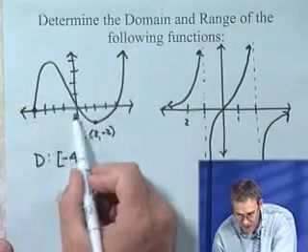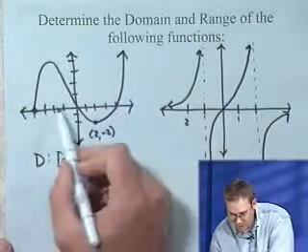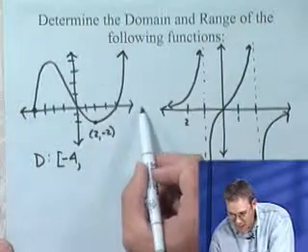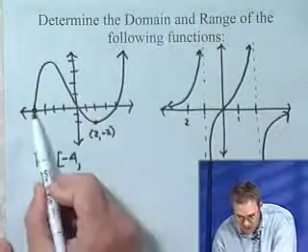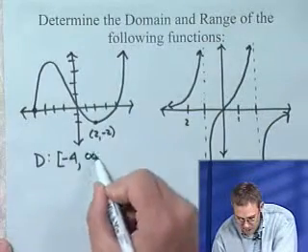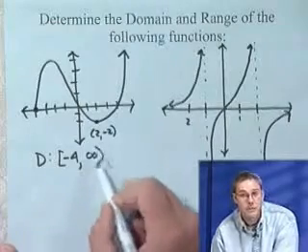And the rightmost x value, notice this arrow goes on forever, which means that we can use any x value out here, and it will always have a corresponding y value. So the domain starts at negative 4 and goes on to infinity. Now the infinity is always an open parenthesis.